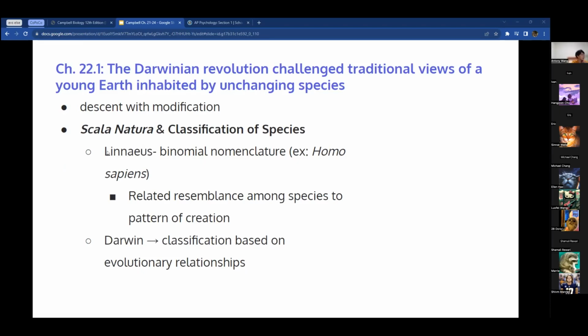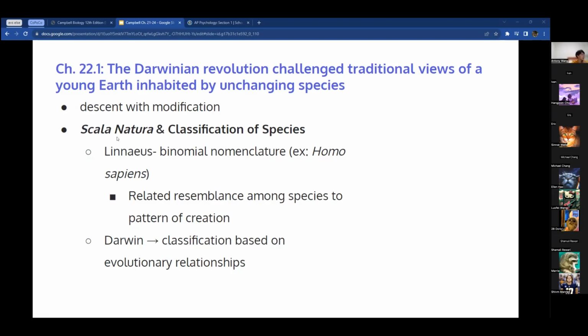Linnaeus came up with our current system, domain, kingdom, phylum, and binomial nomenclature, where the scientific name of a species is their genus followed by their species. Resemblance among species was seen as the pattern of creation.